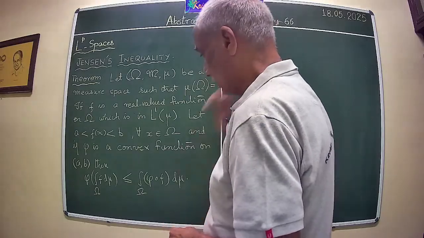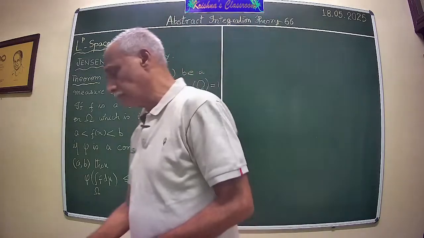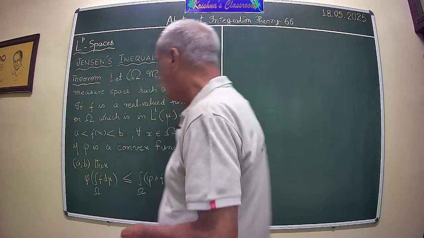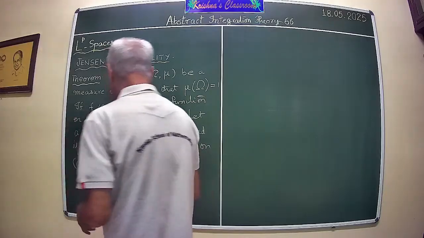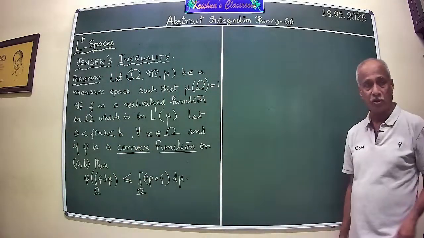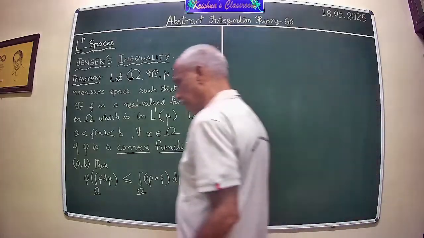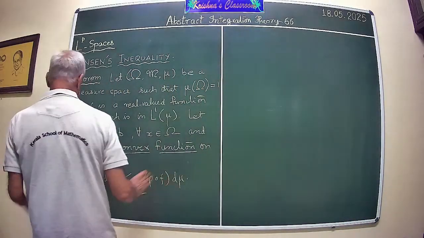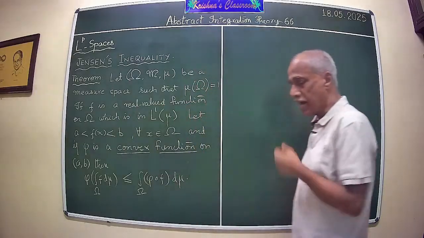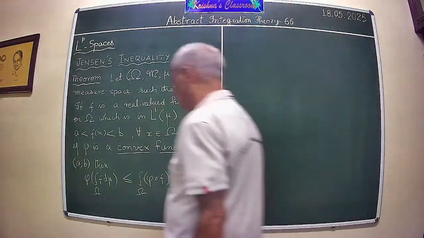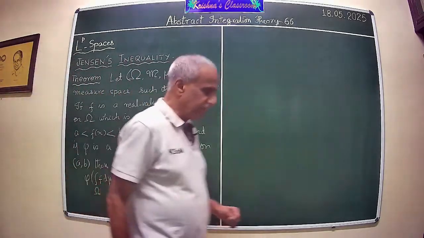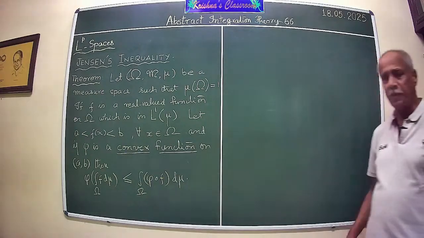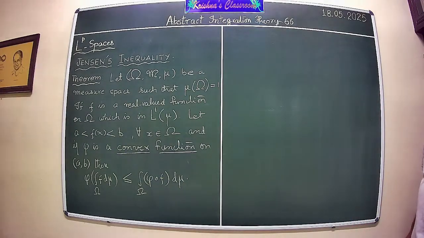Now let us prove this result. And remember, phi is a convex function, and you will see this particular property of convexity of phi playing a crucial role in getting this inequality. And that's why in the general theorem we were using the exponential function, which is a convex function.